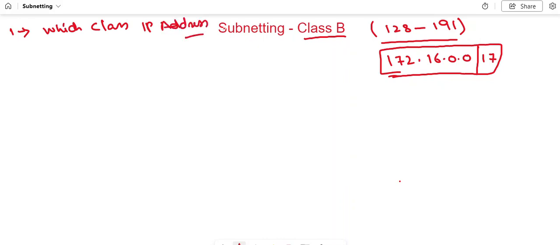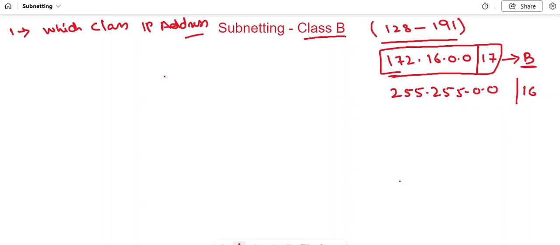We have taken that this is a class B IP address, so we will write here that this is class B. When we say that this is class B, then we have to know what the default subnet mask for class B is. The default subnet mask for class B is 255.255.0.0, or in prefix we write it /16. So this is the default subnet mask.